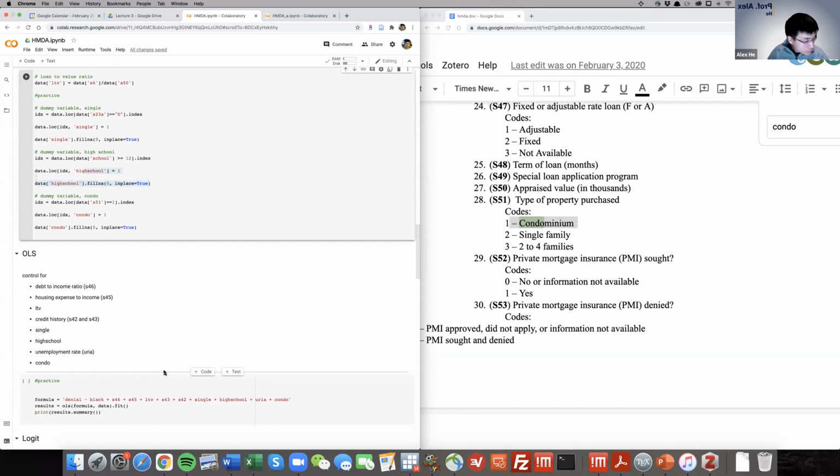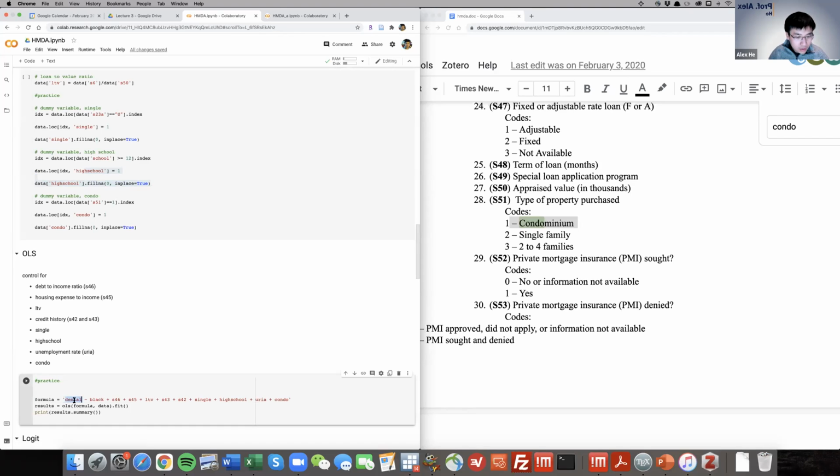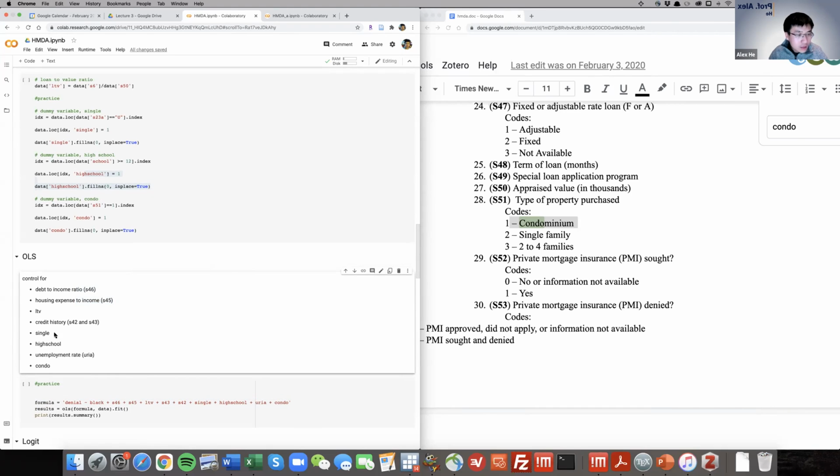So now we have all of these variables, and we run a regression, just revising the formula to add all the additional variables. We have the debt to income ratio as S46, housing expense to income ratio as S45, and loan to value ratio, which we just created, and credit history, so that's S43 and S42.